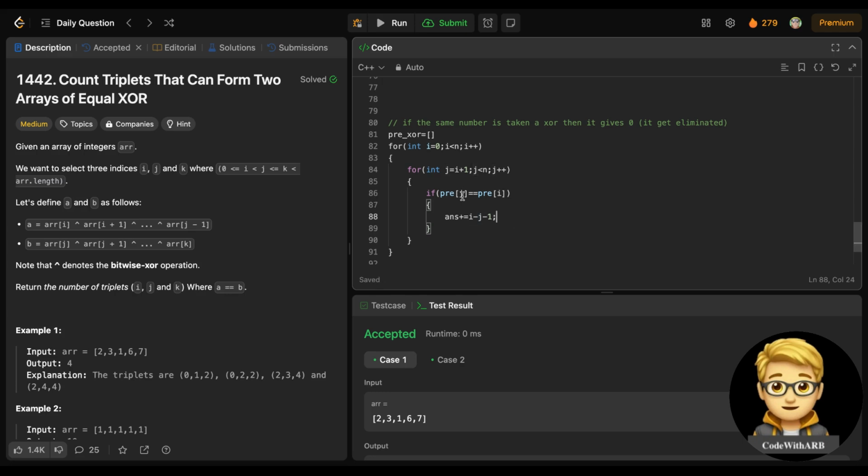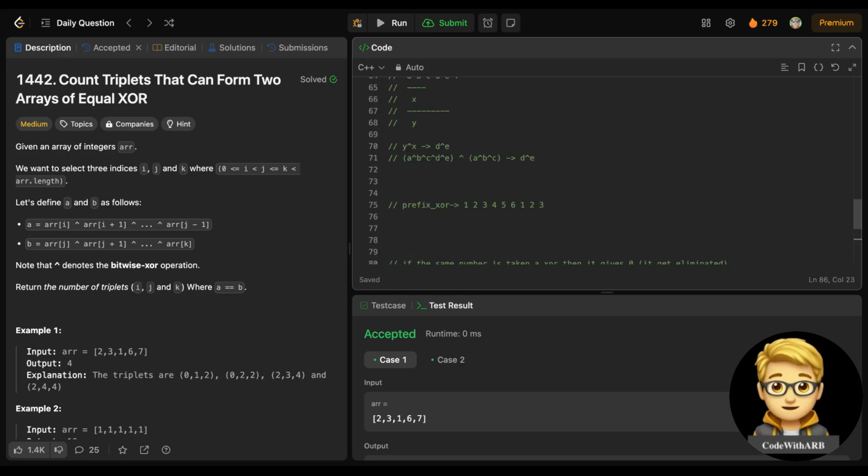Because we need to find only triplets, the values between this j and this i, the total number of values present, that would be the answer, because this is according to the same property. Like if this 2 and this 2 are the same, it means between these values all these triplets would be the answer.